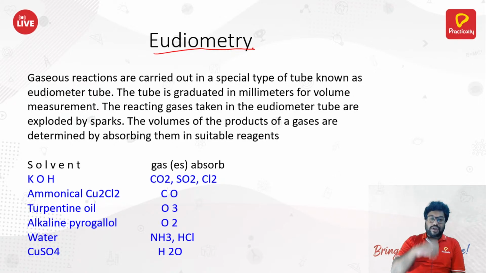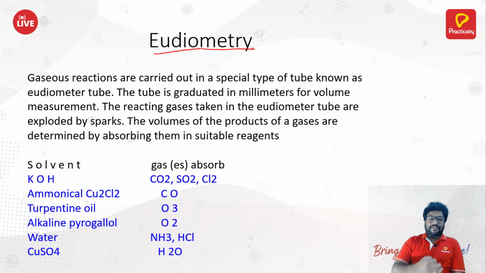What you do here is make sure there is a spark in the reacting system, and when that happens it releases the gas. The released gas is then absorbed by suitable reagents, and by using those reagents you can find out how much gas they have absorbed.